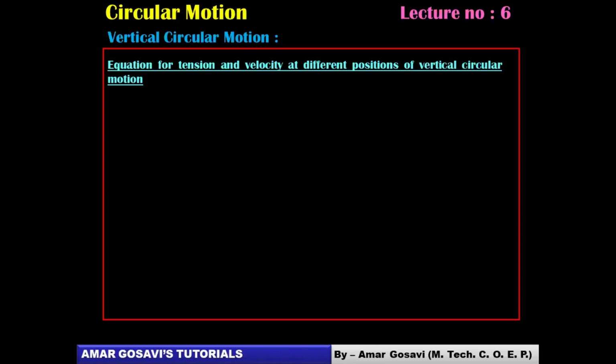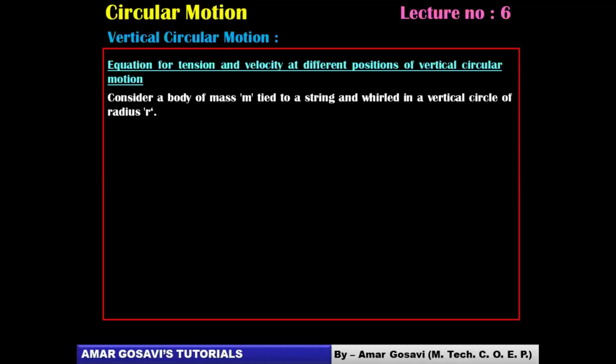So I have mentioned which positions we were talking about. Specifically, we will talk about the topmost position as shown in the previous slide, then the bottommost position, and the third one would be the midway position. So these are the specific positions where we would establish equations for tension and velocity specifically.